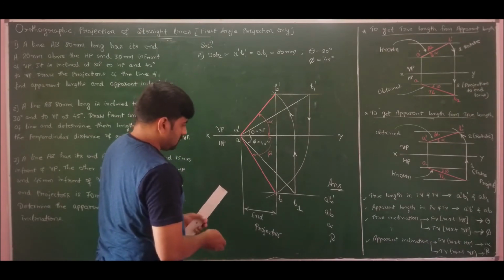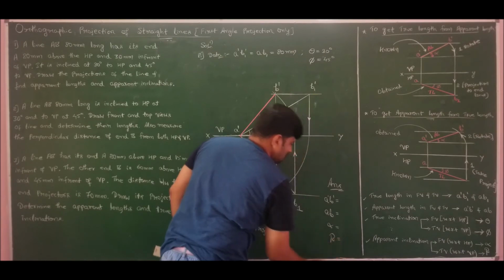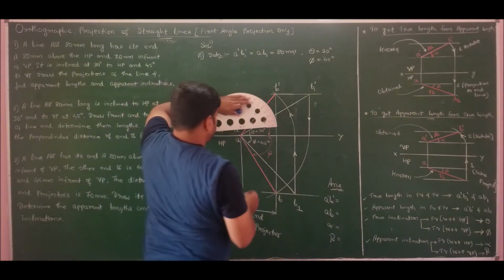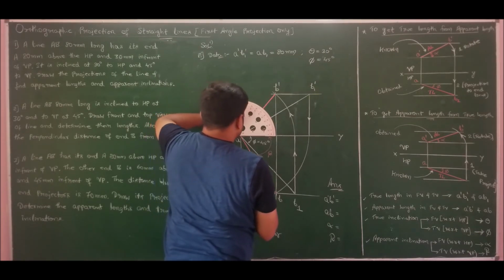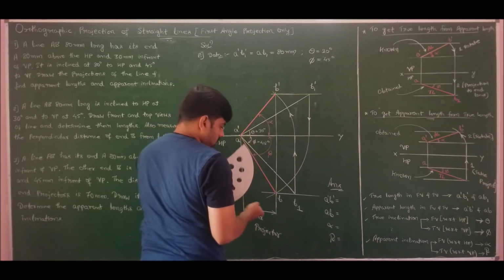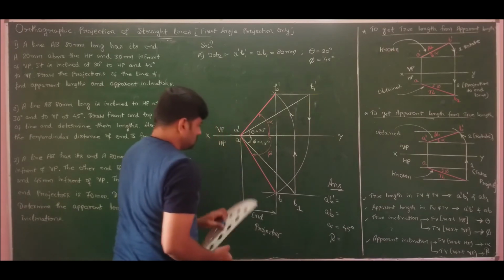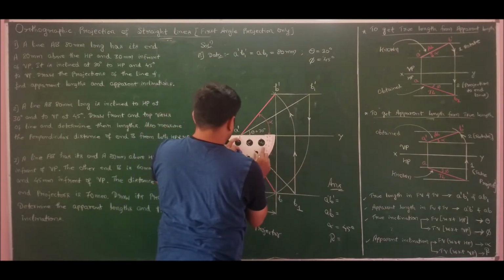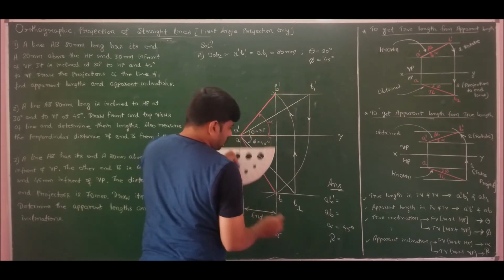If I measure, I will get alpha is 45 degrees, beta is 55 degrees.